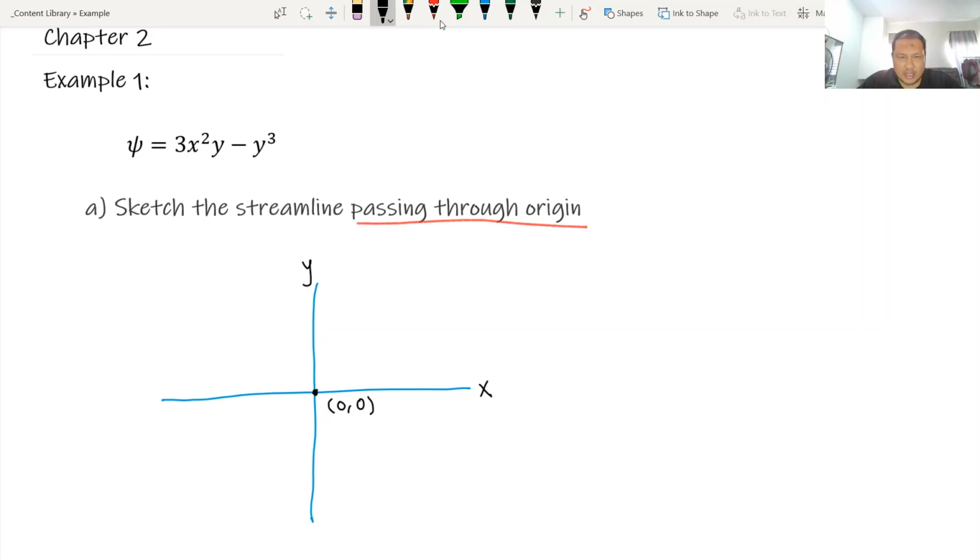Then we have psi equal to 0 minus 0, therefore the answer is 0. So psi equals 0 when it passes through the origin.